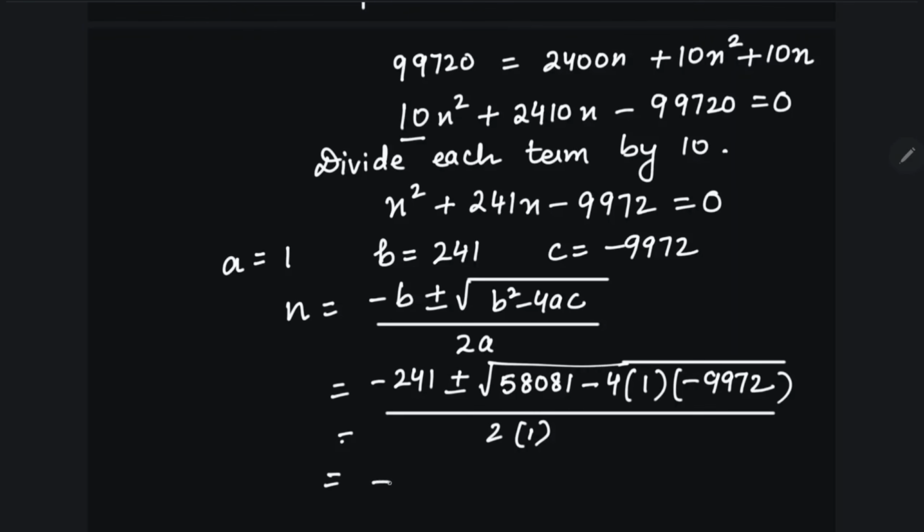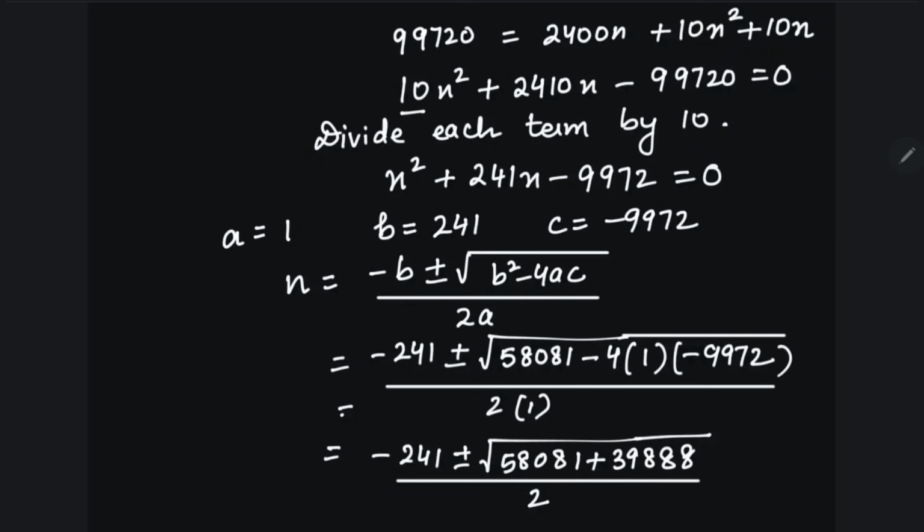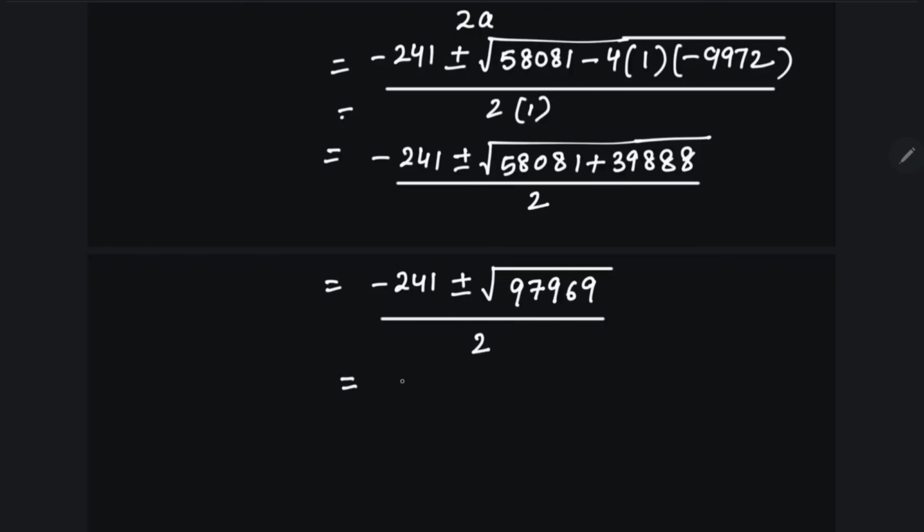Here it is negative negative positive, so it is minus 241 plus minus under root 97,969 upon 2.